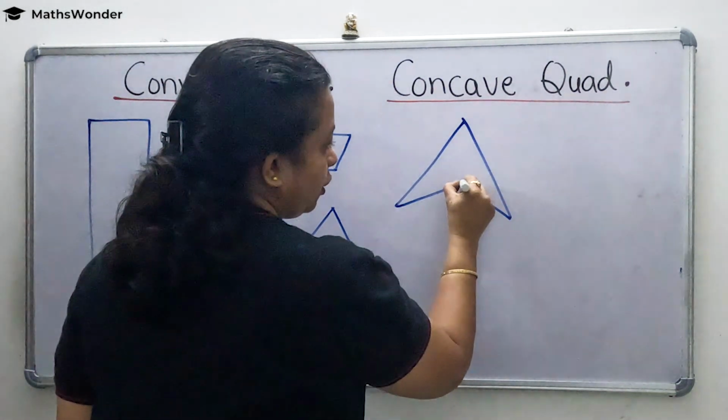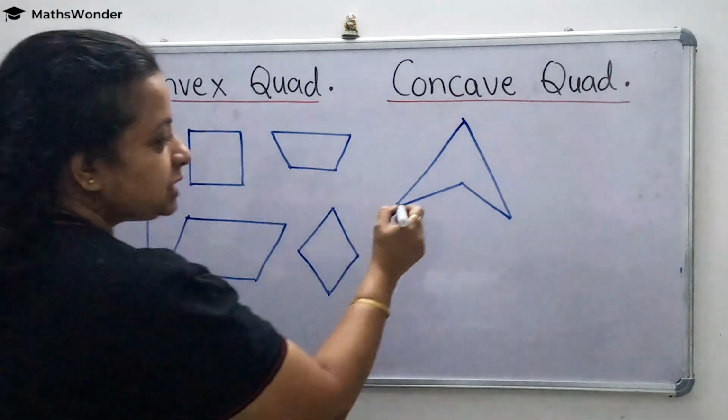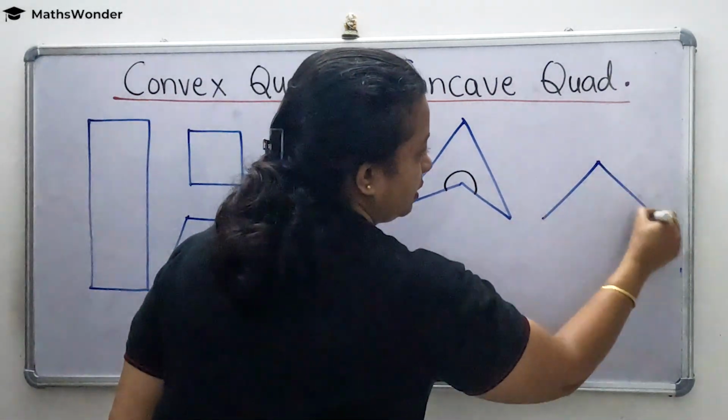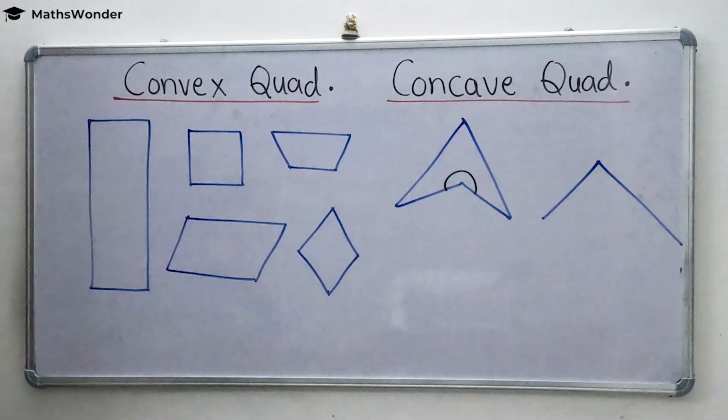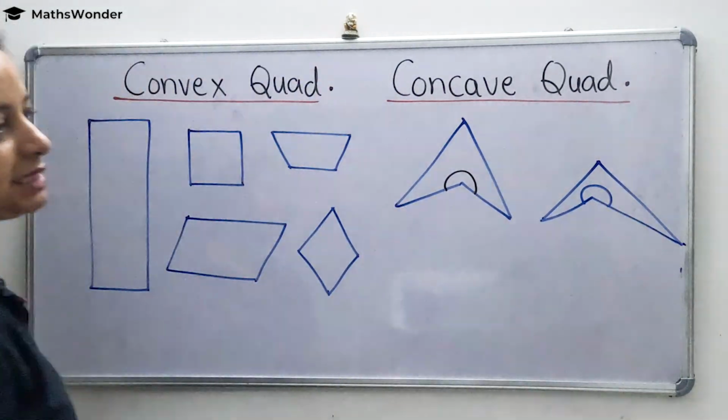And the concave quadrilateral figure is like this because one angle must be a reflex angle. What is the reflex angle? The reflex angle is more than 180 but less than 360. So the diagram is like this.